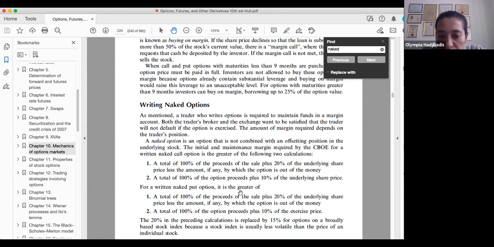A total of 100% of the proceeds of the sale plus 20% of the underlying share price less the amount, if any, by which the option is out of the money. And a total of 100% of the option proceeds plus 10% of the underlying share price. So that's where the formulas came from.